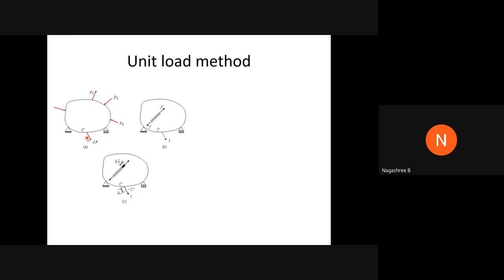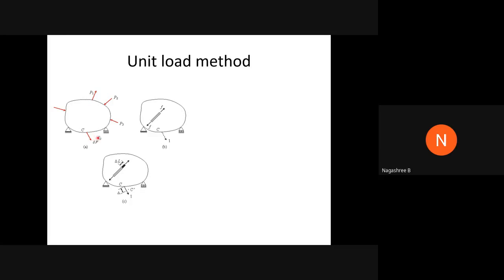So first of all, in order to determine the deflection, I need to apply the virtual force at C, which is in the required direction. Here I'm going to apply the virtual force, meaning the imaginary force, at point C. After that, I need to apply the external load acting on the structure as shown in the figure.